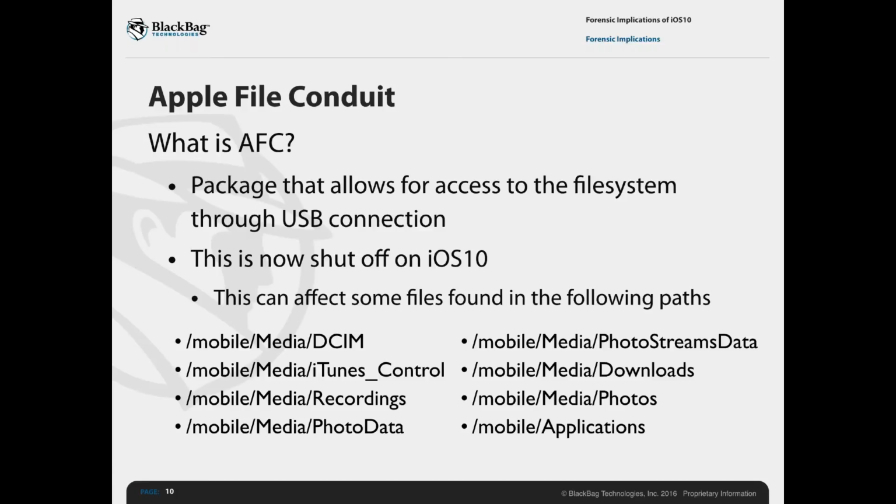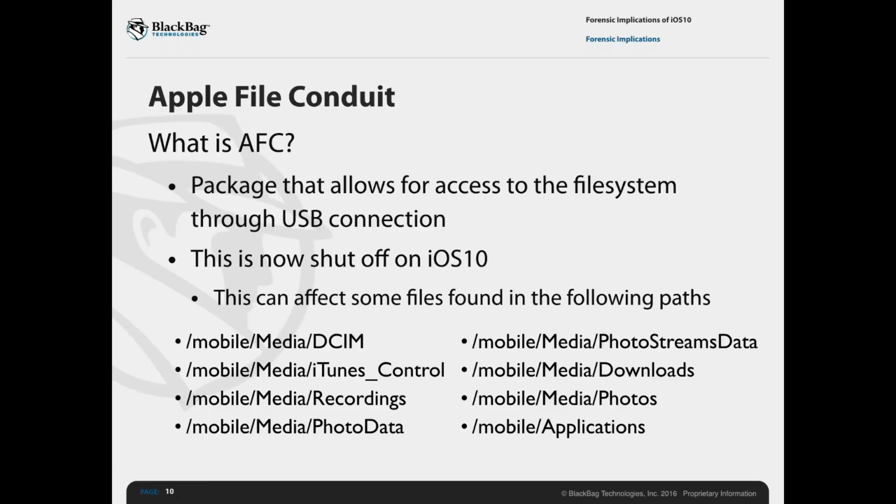Sadly, at least as it stands right now, there is no jailbreak for iOS 10, so you cannot access it through AFC2, and we can't access any further data than what we are presented with right now. So basically, iOS 10 has shut off AFC.